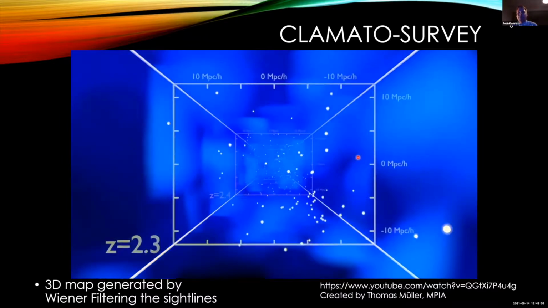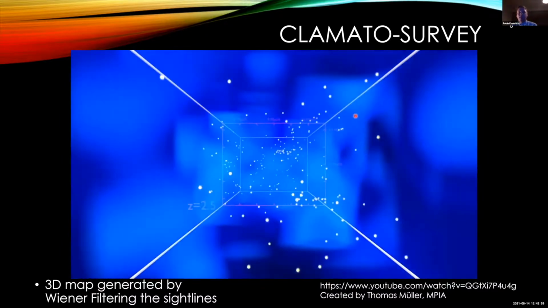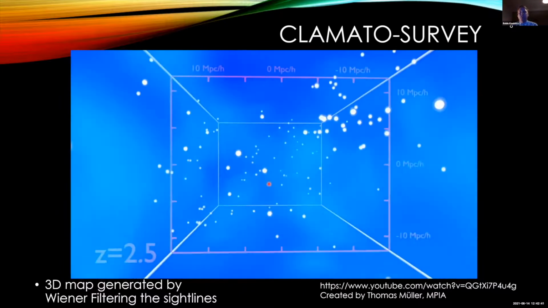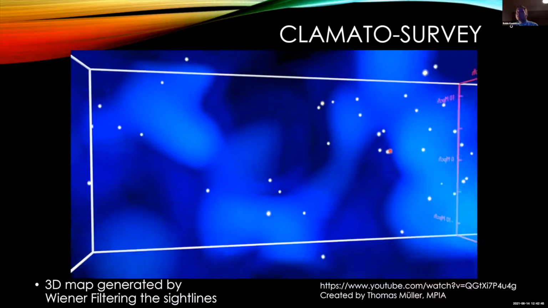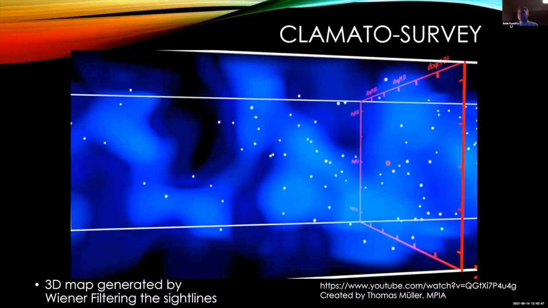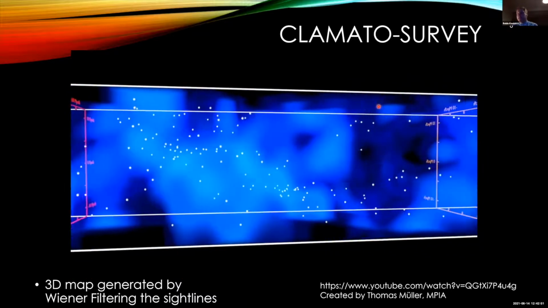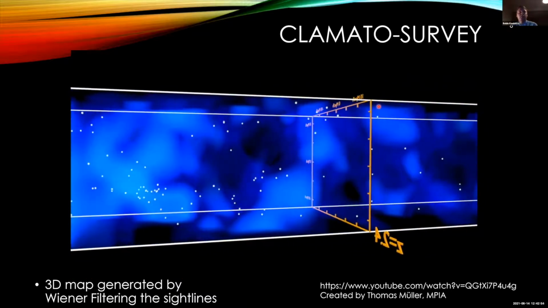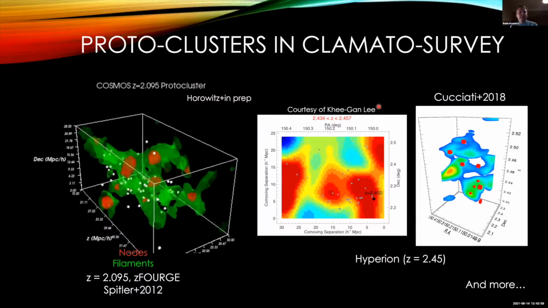Wherever you have an overdensity in galaxies, you'll also have an overdensity in the absorption. So this really follows the large-scale structures, and you can find some really big proto-clusters in here, and perhaps some filaments, but analysis is still underway. These are some examples of the massive structures that we find in here.